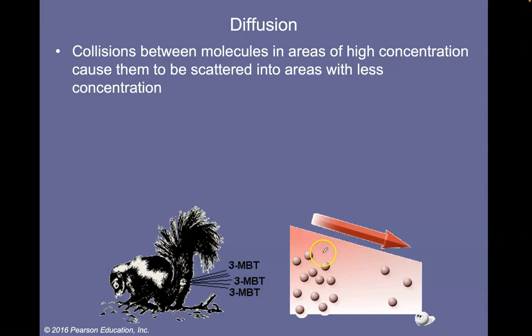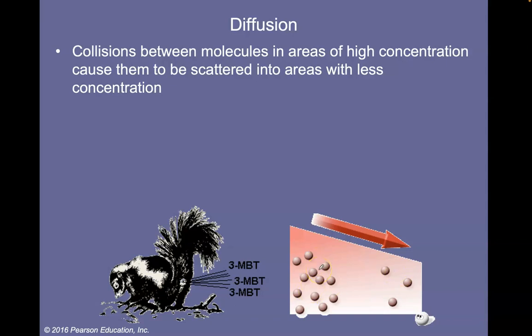But if she breaks wind, I intuitively know that I eventually am going to smell those lovely odoriferous particles. That's because they're going to move down their concentration gradient, from that area where they were in a high concentration, right around her anus when she released her gas, to me, where they're in a lower concentration.